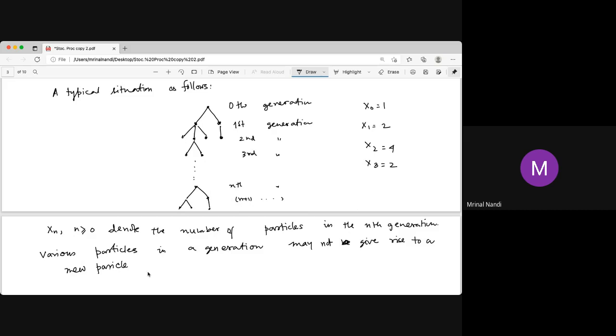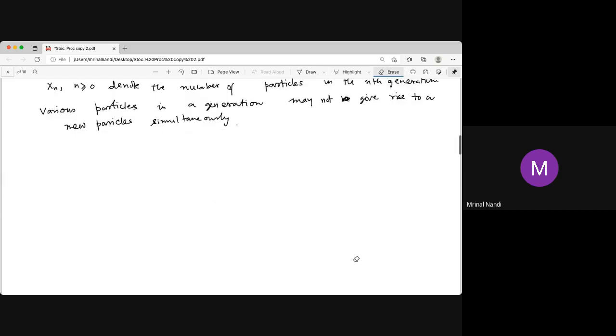So it's a new particle. New particles. So it may not give some new particle. It just completely vanishes.